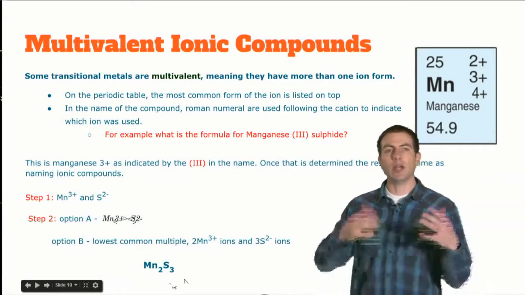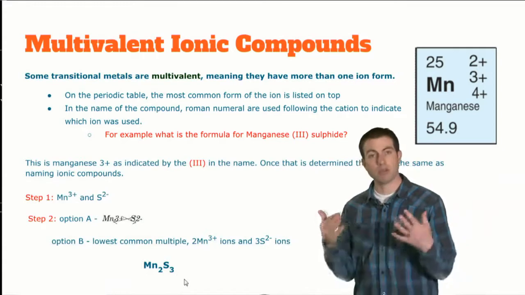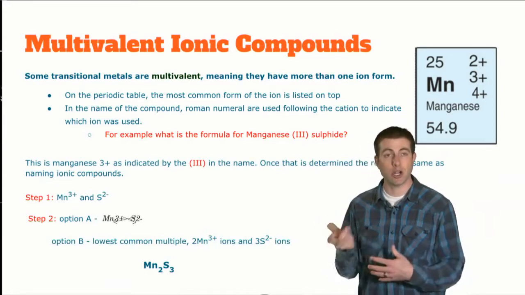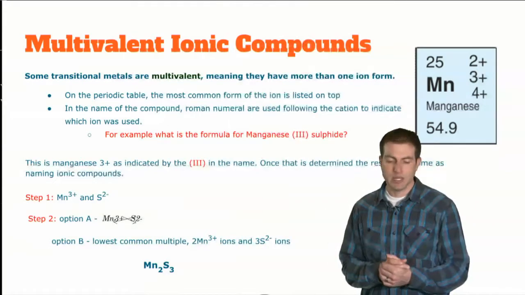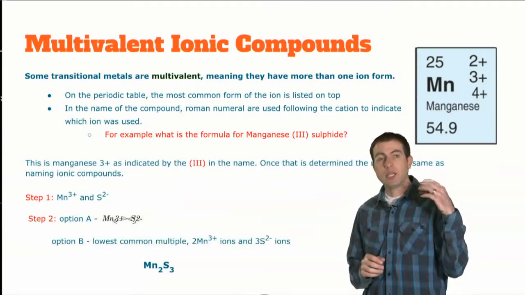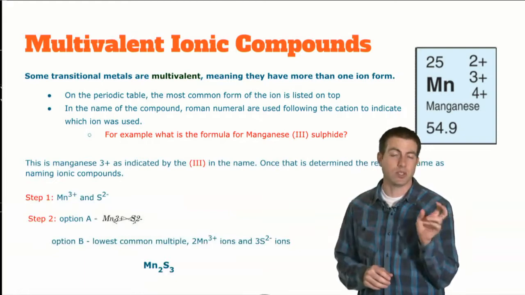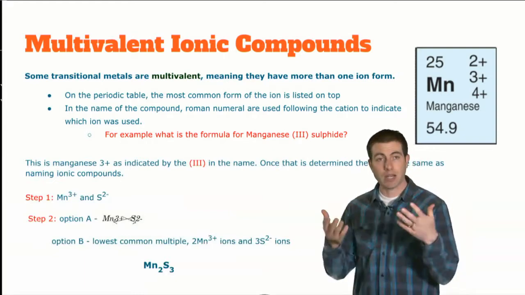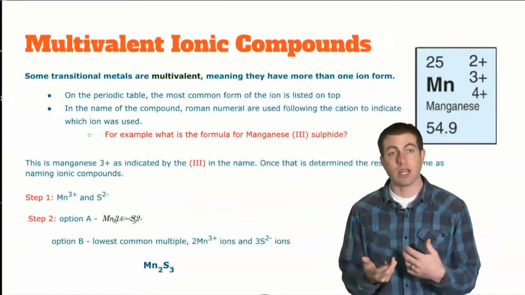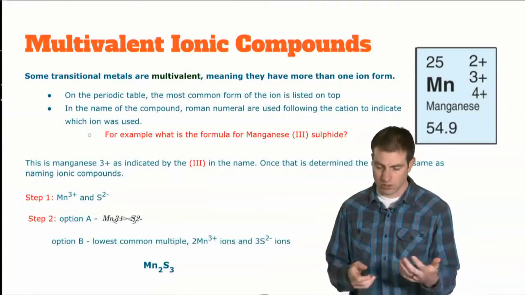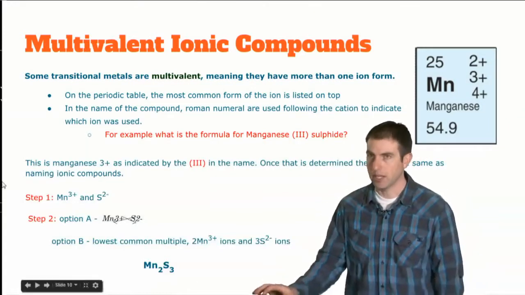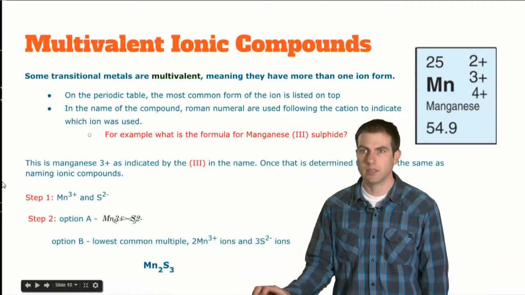Well, if you didn't know anything else, you have to work backwards to figure out which charge is on the manganese. So if we give you the name, we say, hey, manganese 3 sulfide, the 3 tells you to use the charge 3. But if we're working backwards, you actually need to figure it out yourself. So let's look a little bit at what that is going to look like here in a second.